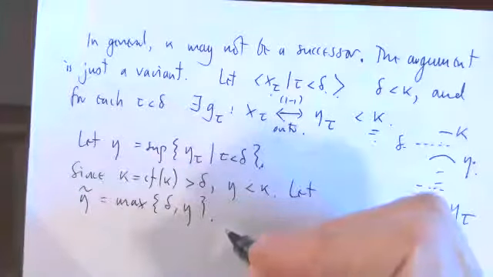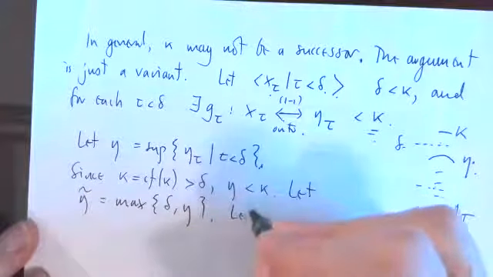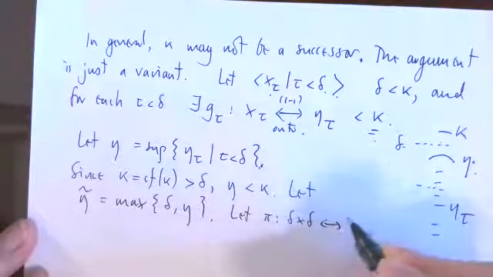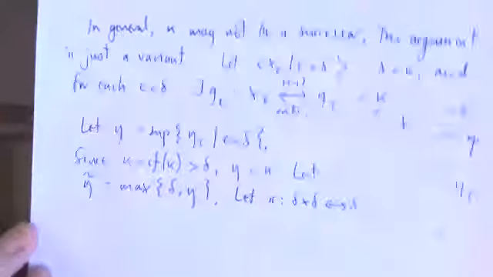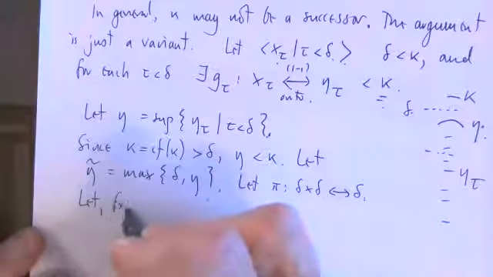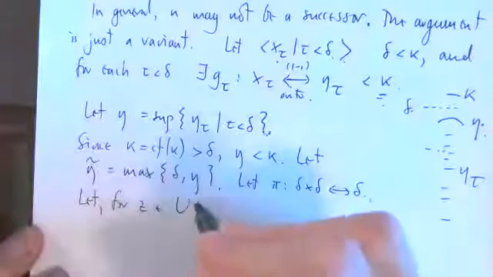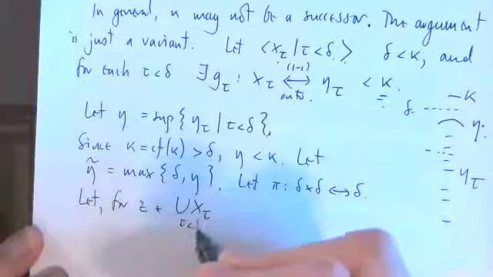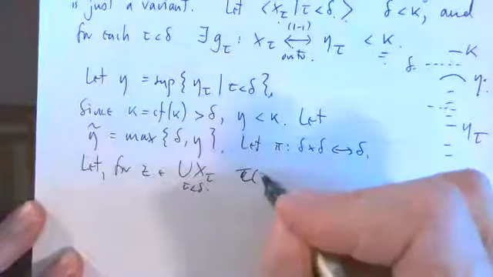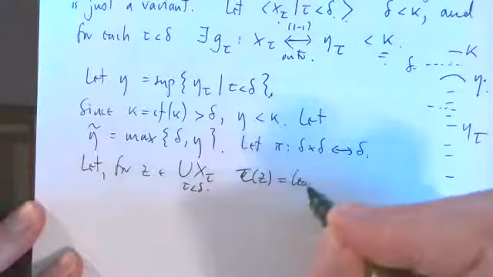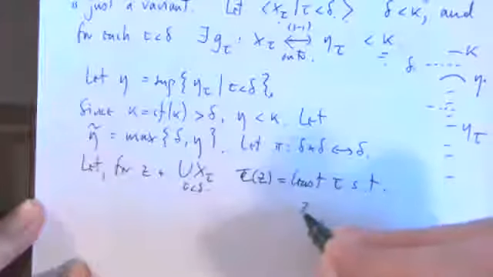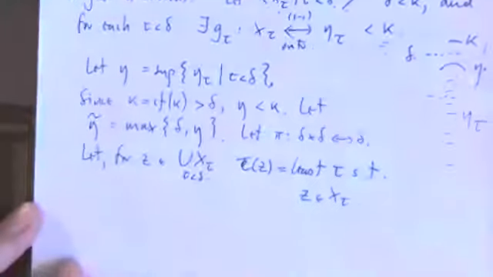And now we kind of do the moves that we just had in the first part. Suppose pi is a map from delta cross delta to delta. Right here, I could say let, for z in the big union, tau of z equal the least tau such that z is in X_tau.